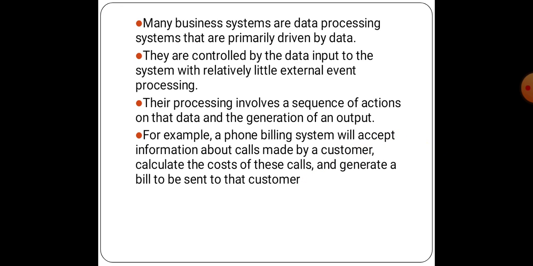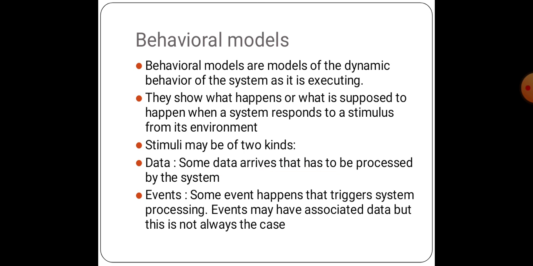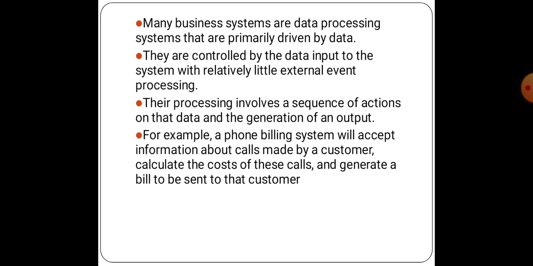Many business systems are data processing systems that are primarily driven by the data. They are controlled by data input to the system with relatively little external event processing. For this slide I am going to explain what is meant by event and what is meant by data in detail, so you are going to understand easily.